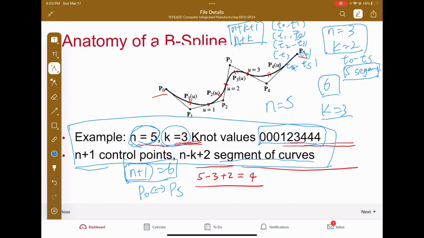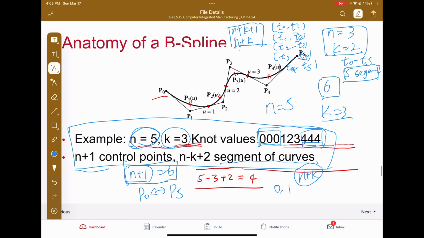But for the segments of curves, we cannot use n plus k anymore, because we have repeated t values. See, the first 3 are the same, and the last 4 are the same. So how many different t values do we actually have? We have 0, 1, 2, 3, 4, right?